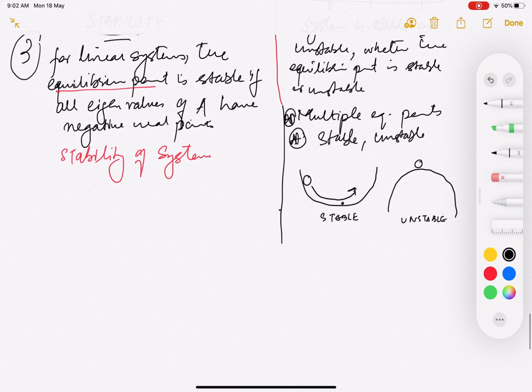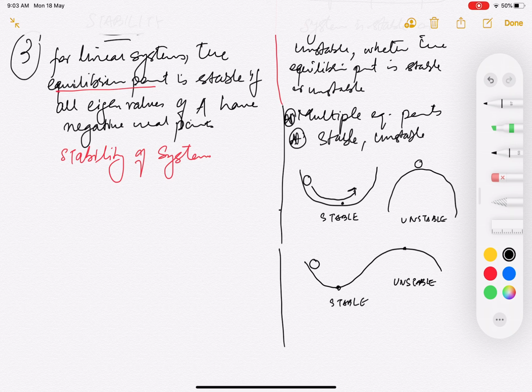And if you have a structure like this, the ball has two equilibrium positions. The first equilibrium position is stable and the second is unstable. So the same system has two equilibrium positions. One is stable and one is unstable.